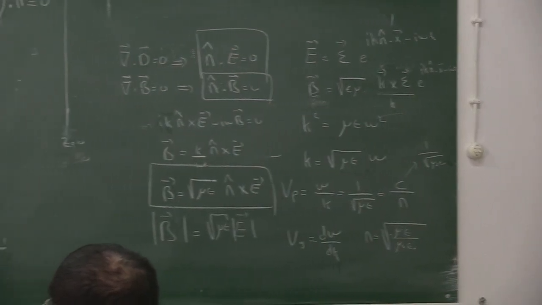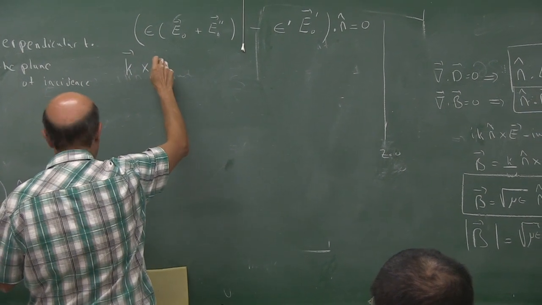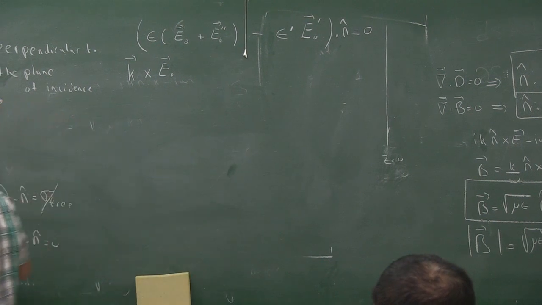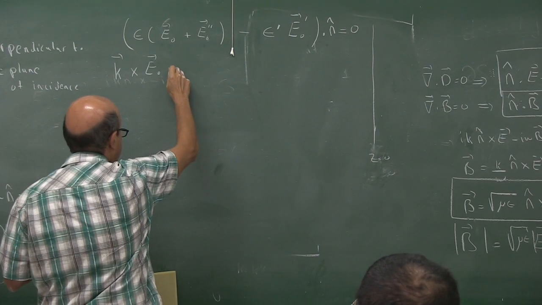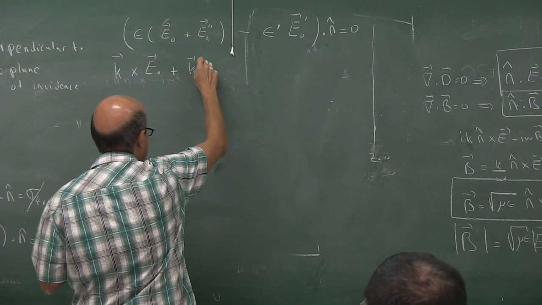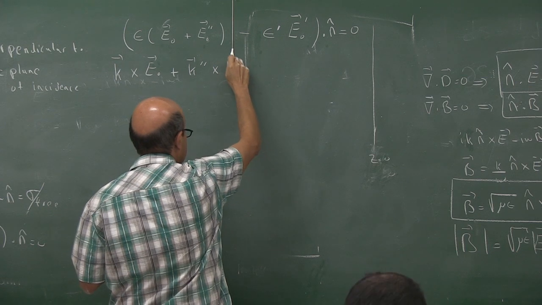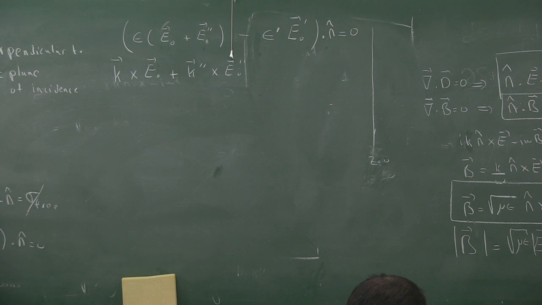So K cross E0 for the magnetic field of the incident wave, K double prime cross E0 double prime for the magnetic field for the reflection.